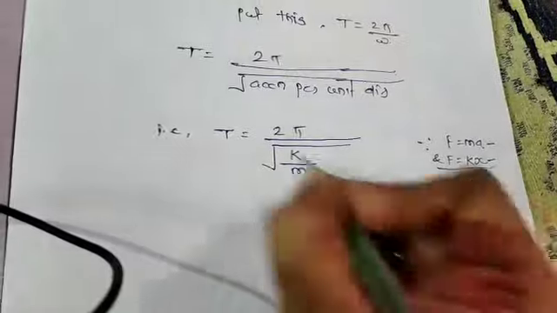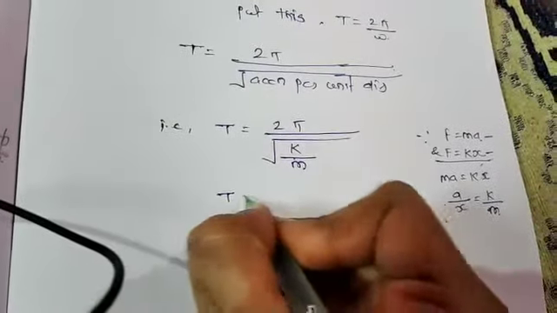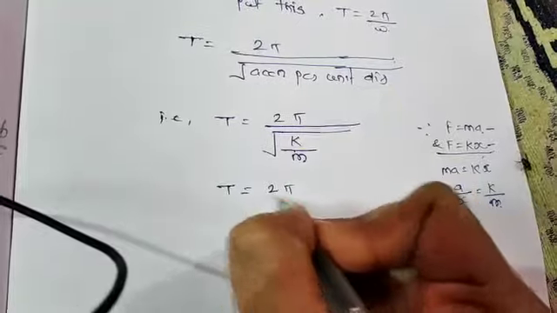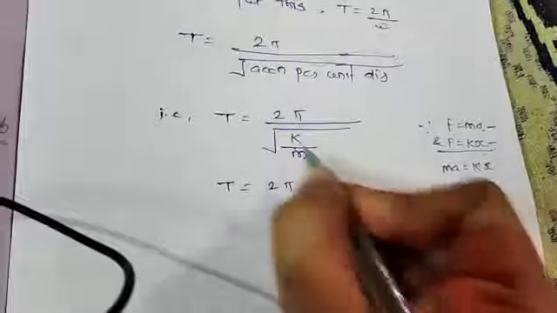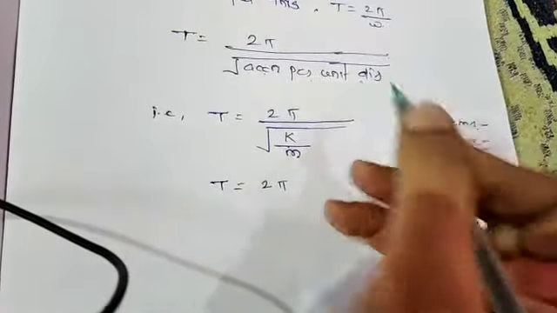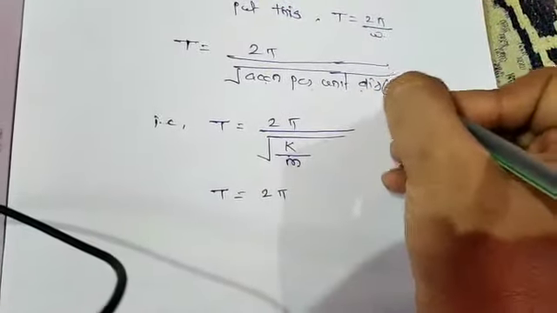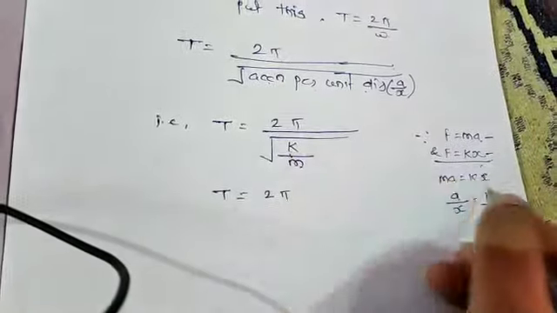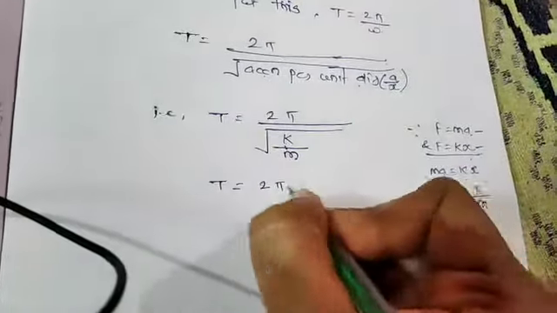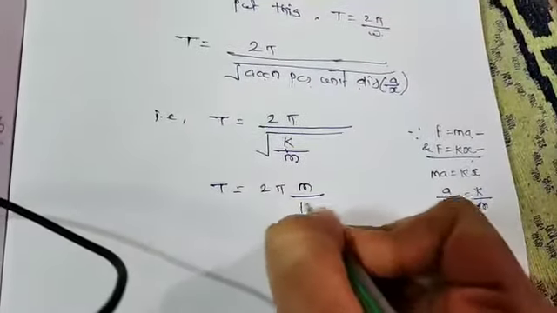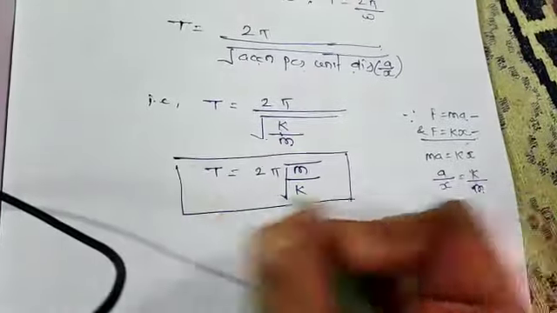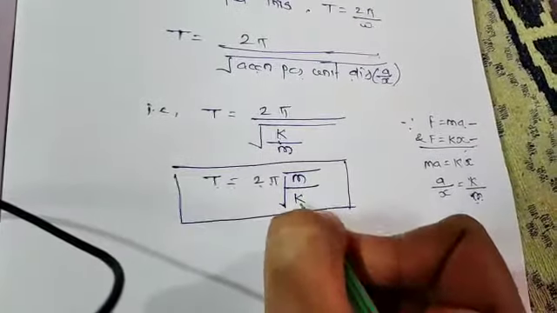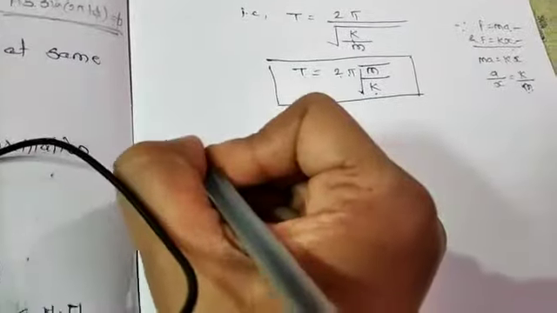So instead of acceleration per unit displacement I have written k by m, that is, we can write m by k. So this is the equation for the period, T is equal to 2π root of m by k. Next we will see the frequency, number 3.